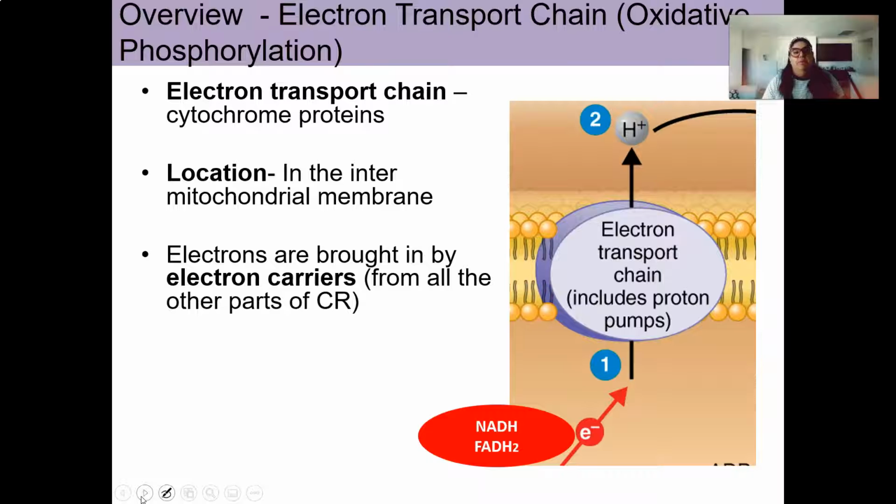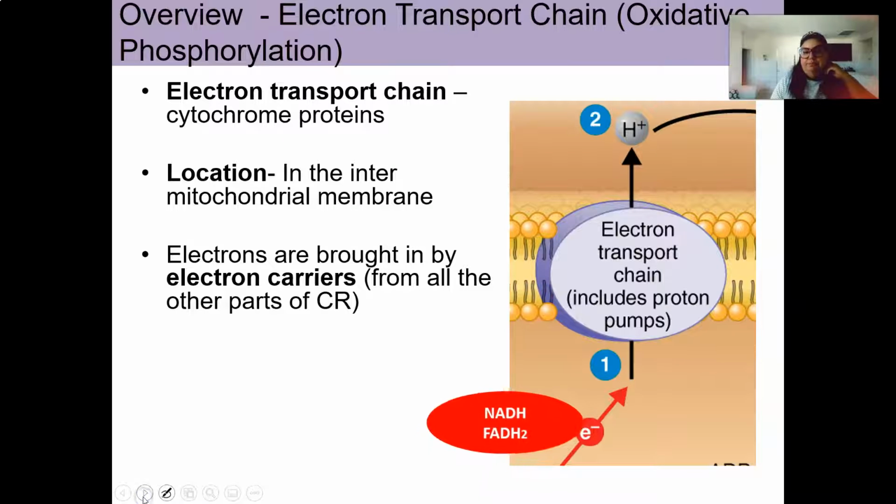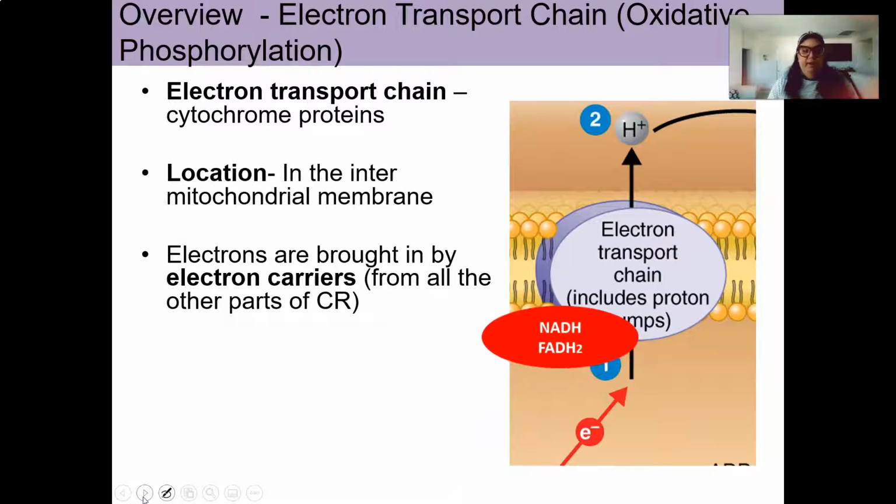The electrons are brought in by the electron carriers. Remember our NADH and our FADH2 from the other parts of cellular respiration. So they enter in, and that's where all of our electrons come from. And they come on in.